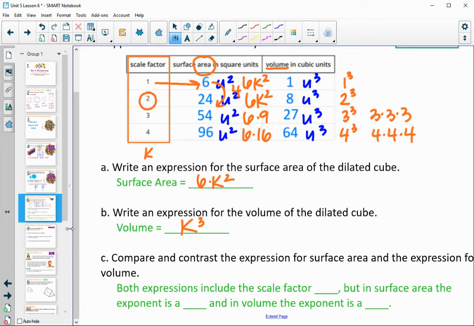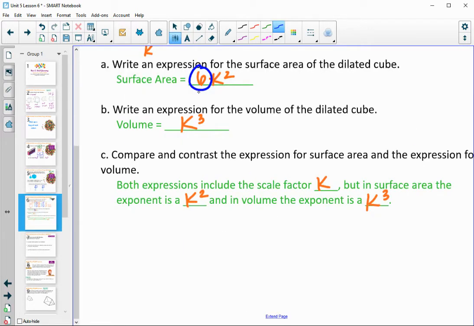So comparing both of these expressions, compare and contrast the surface area versus the volume. Both expressions look like they deal with the scale factor k, but for area, it's a k squared, and for volume, it's a k cubed. And then we do also see that 6, which has to do with the number of surfaces.